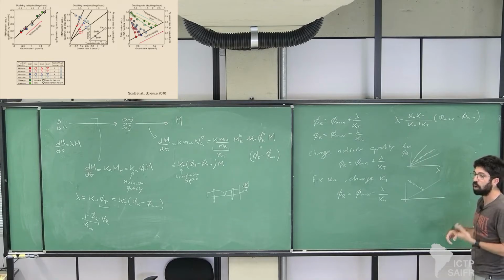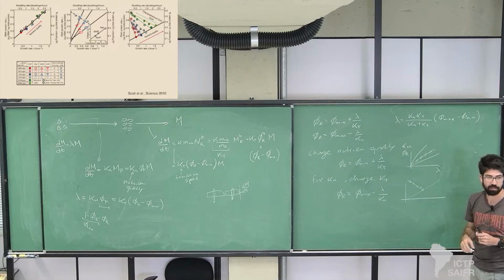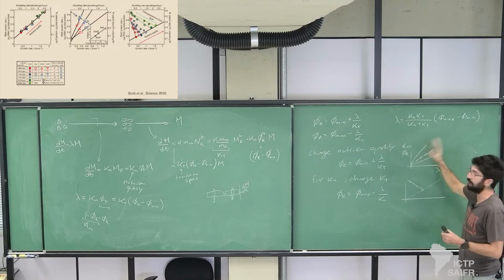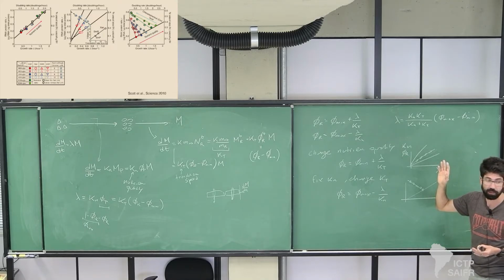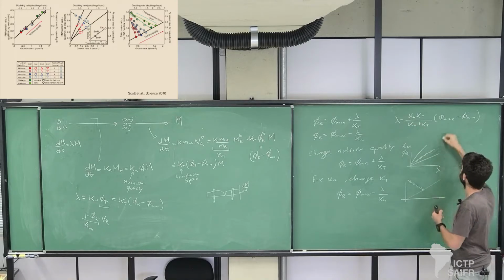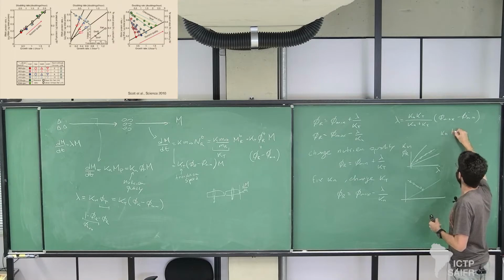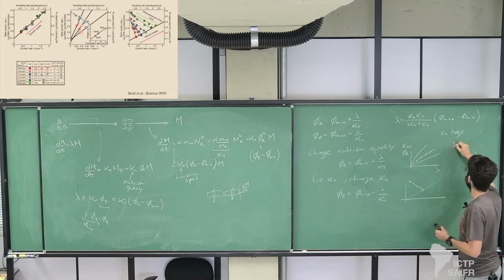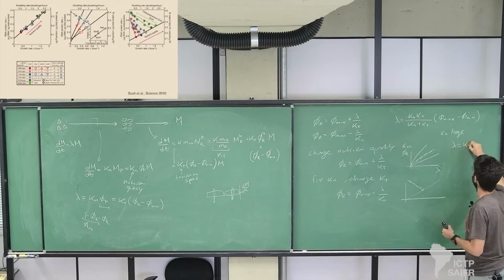Now, suppose that you give the cell the best possible nutrients. Okay? Kn will be very large. If Kn is very large, what you get here is that lambda is approximately Kt times phi max minus phi min.